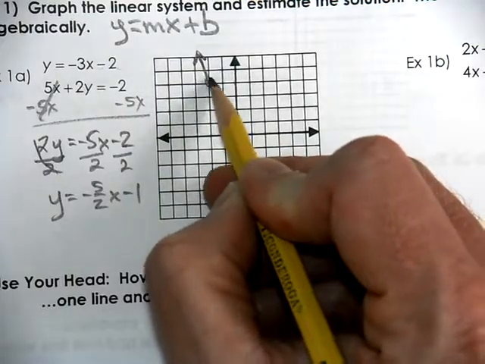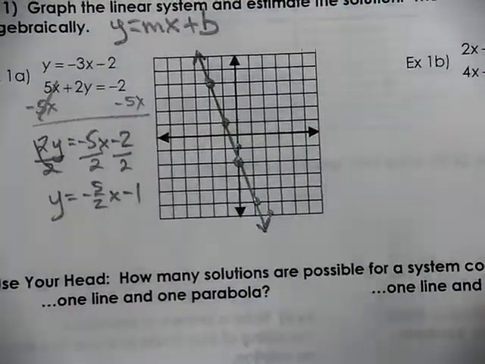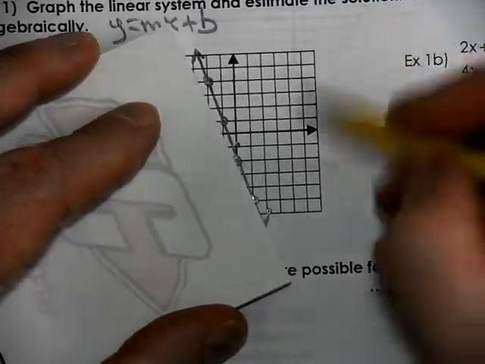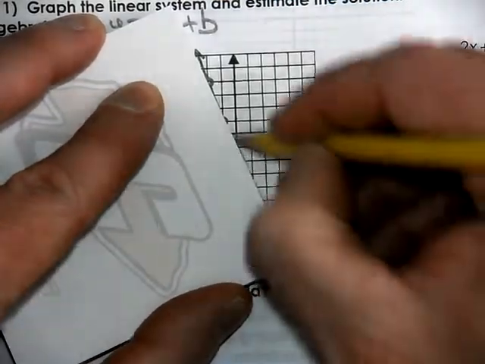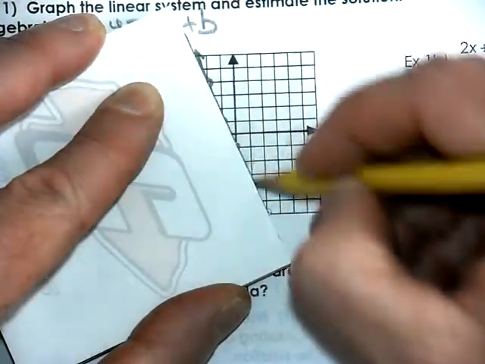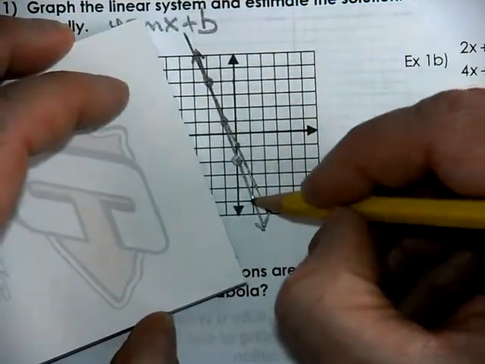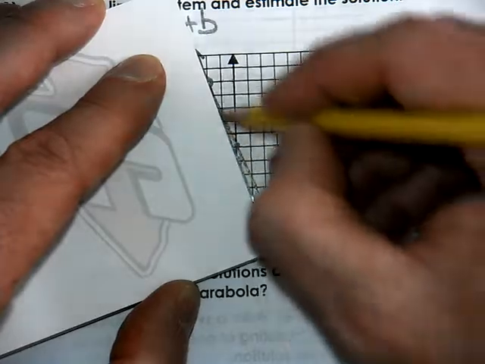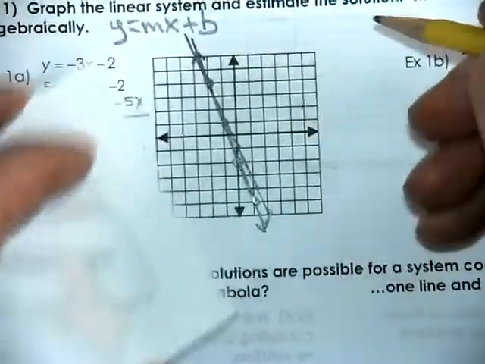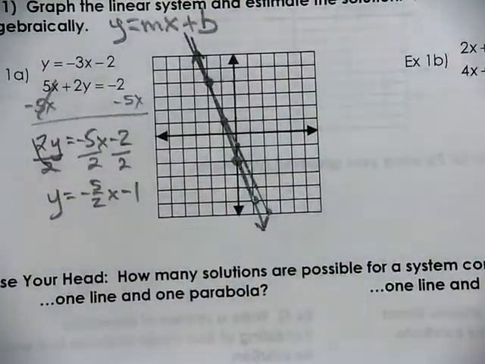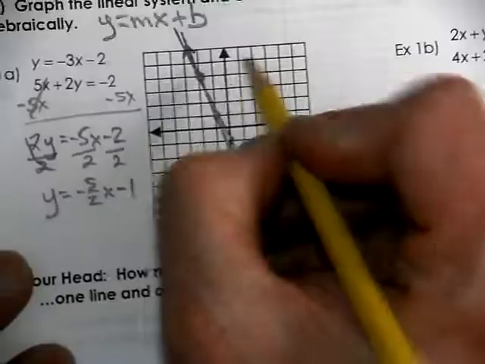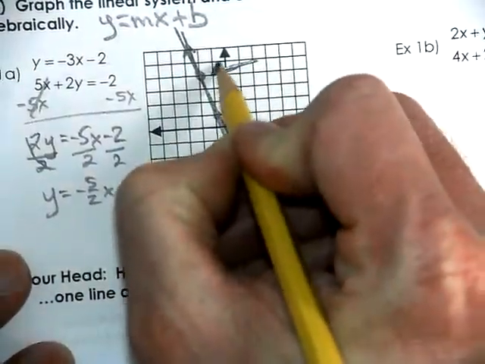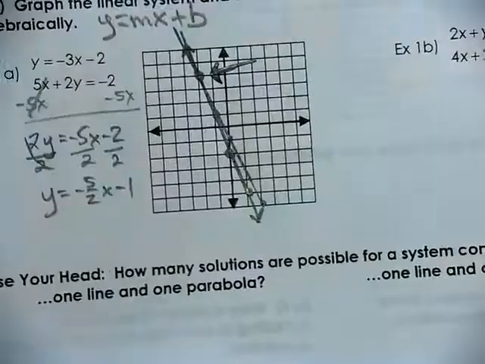Hey, right on it. So even though this one was off by just a little bit down here, you can see that those two lines are just a little bit different. And they are intersecting here at this location. And where is this location?